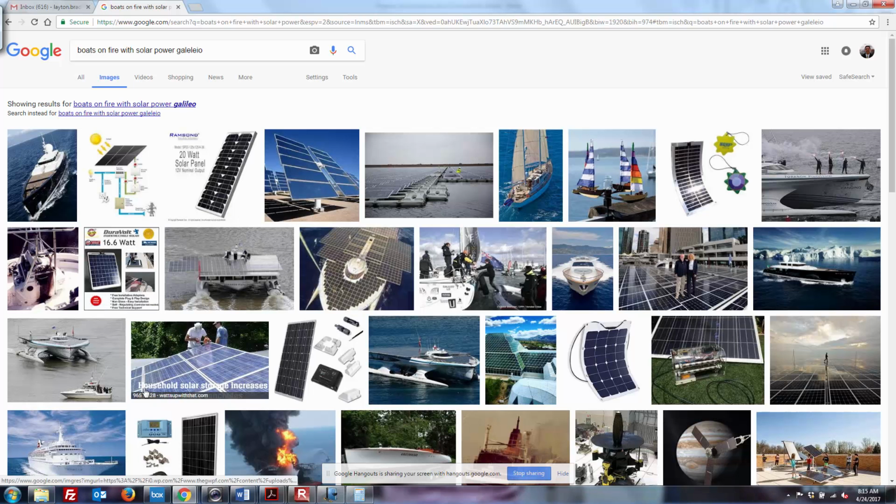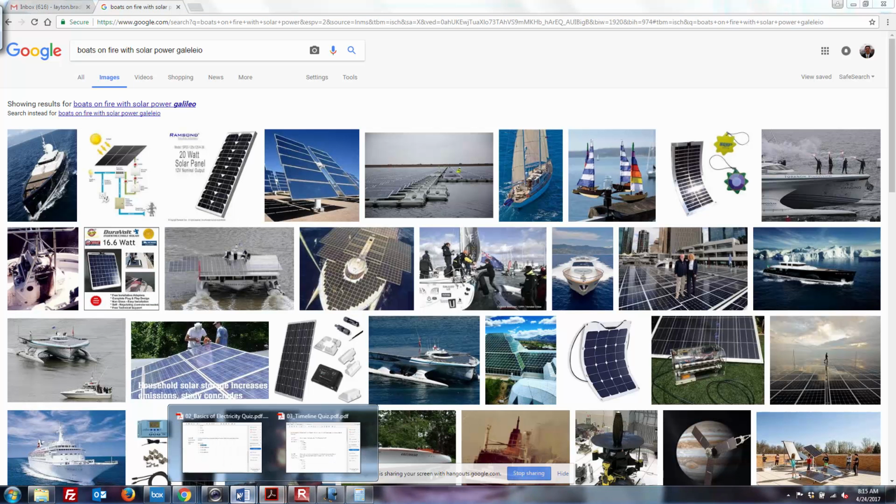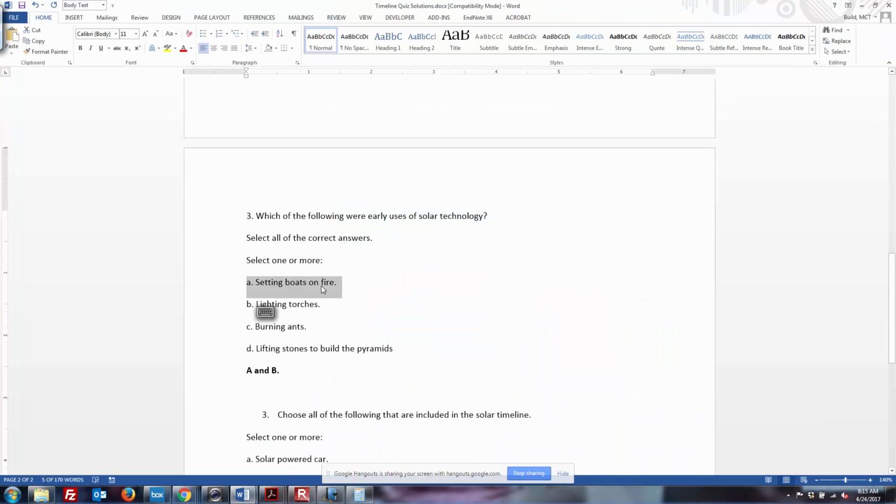Well, I'm not finding it that easily, but anyway, legend has it that long ago Galileo was able to use solar energy to focus light in wartime, actually, believe it or not. It's amazing how much energy there is in the sun.